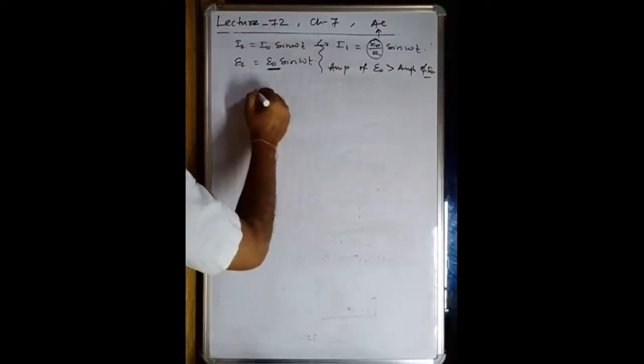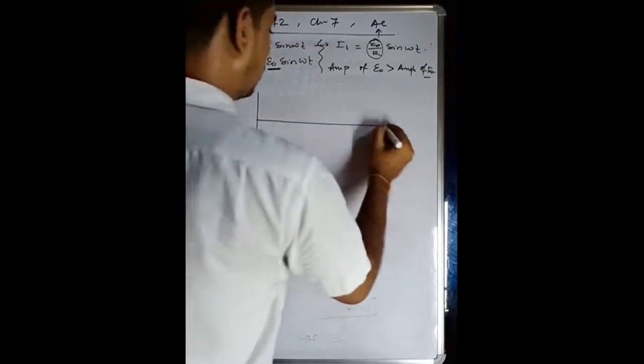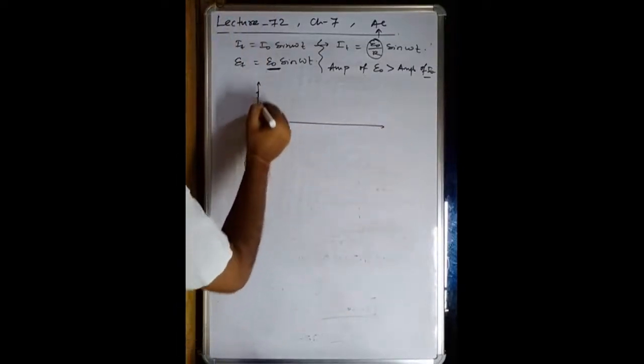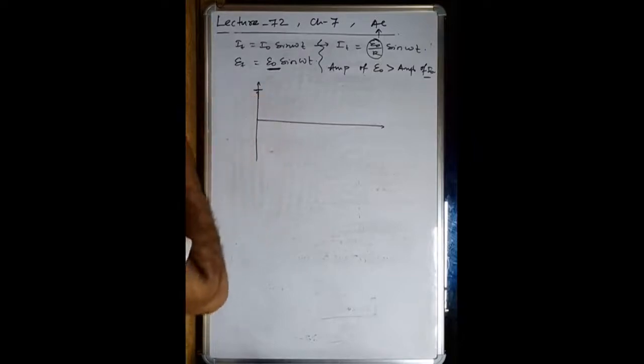Now I am going to represent this over the graph. Suppose the maximum value is represented for the current and then for the voltage as well.